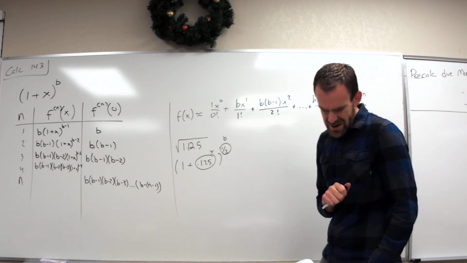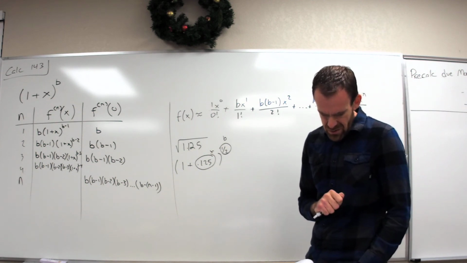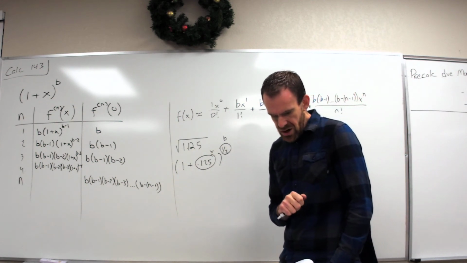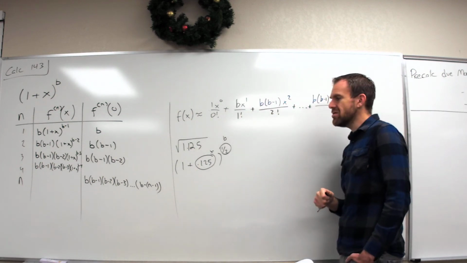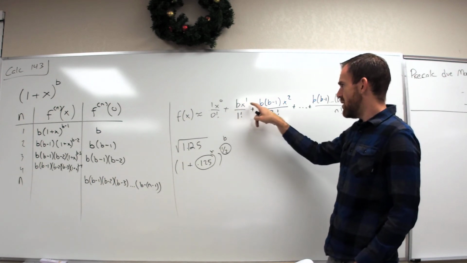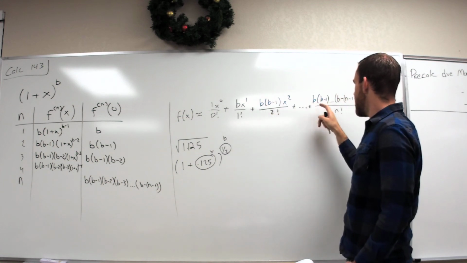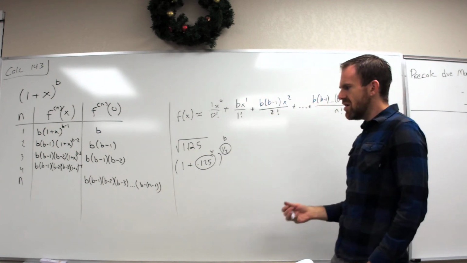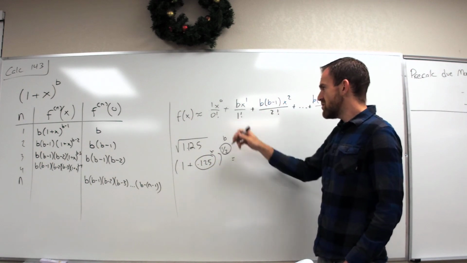Now they say they want an error of less than 0.001. So we have to note here that we're going to end up with an alternating series because b is less than 1. So we have positive, negative, positive, negative, and so on. And so you can find your error by using the next term. So let's write out some of our terms.